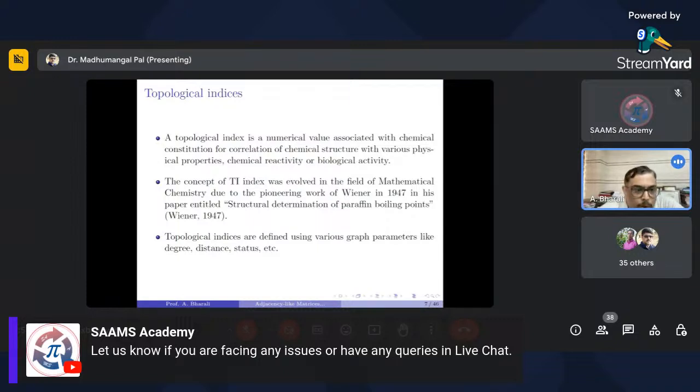A lot of topological indices have been studied over the last couple of decades. The first was introduced by Wiener in 1947. It was not a degree-based topological index, it's a distance-based one. And as Ramana sir has mentioned, the Zagreb index is considered the first degree-based topological index.